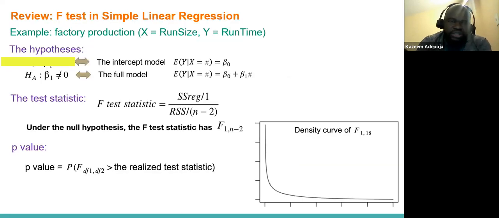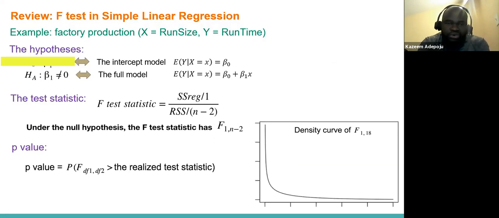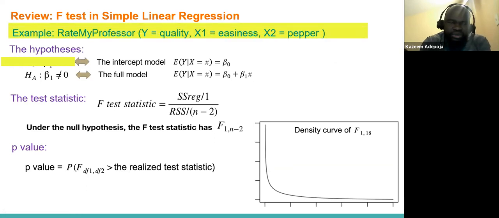Now, based on what we have, we want to have an F test. Why do we want to have an F test? We want to have an F test using the rate my professor data.